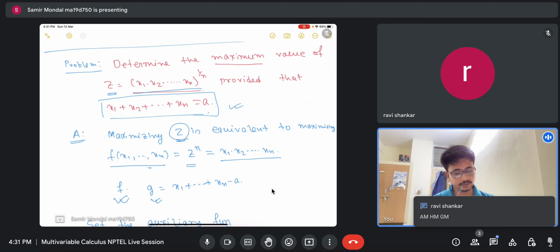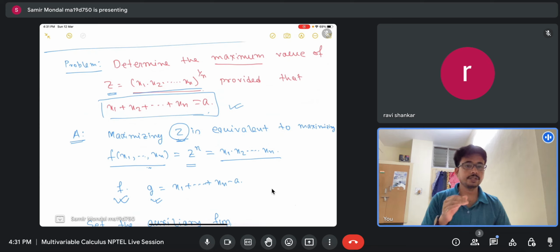Yes. So this proof also gives the guarantee that the geometric mean of n positive numbers is no more than the arithmetic mean of n positive numbers.